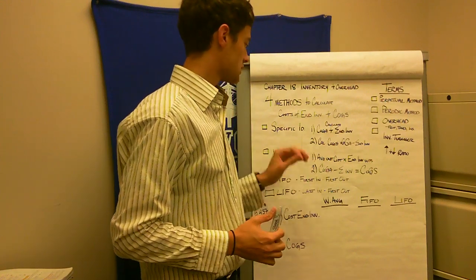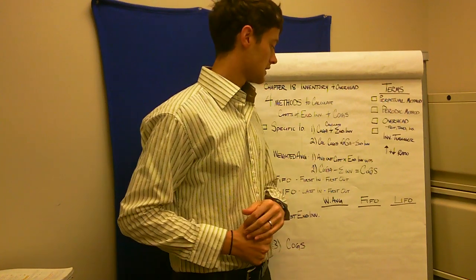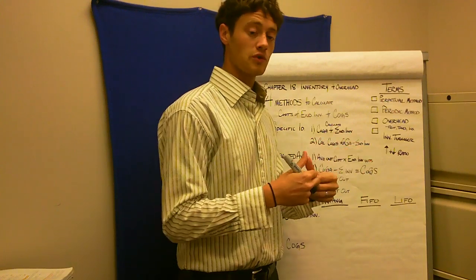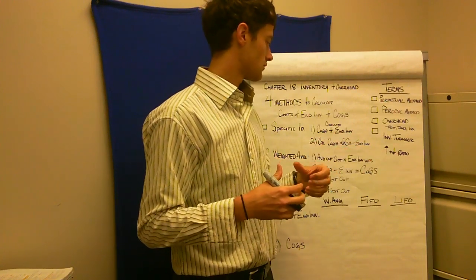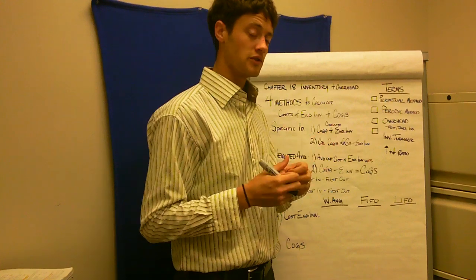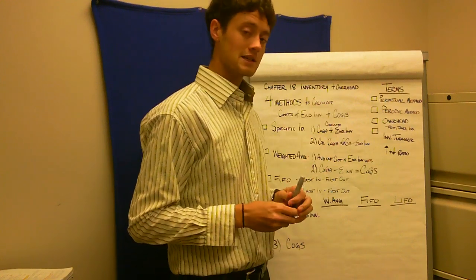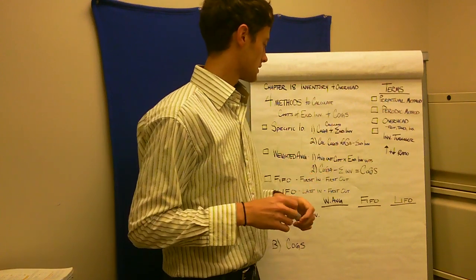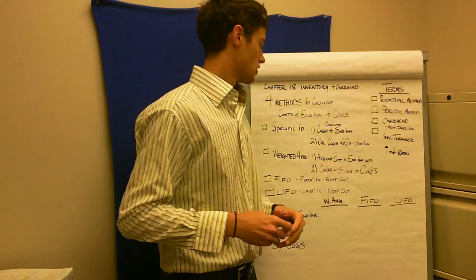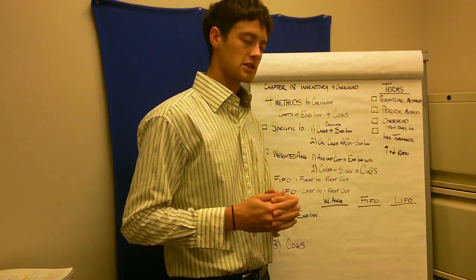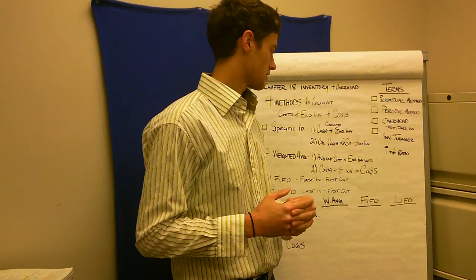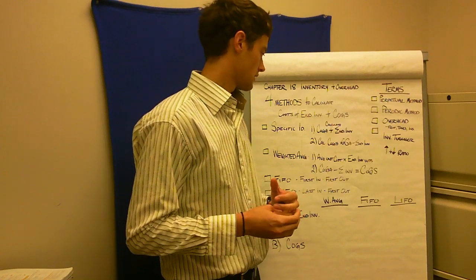Now, weighted average is a little bit different because you take the average units you sold at the total units you sold, the amount of cost on the average to calculate it, and then you do your same cost of goods available and subtract your ending inventory to get your cost of goods sold.